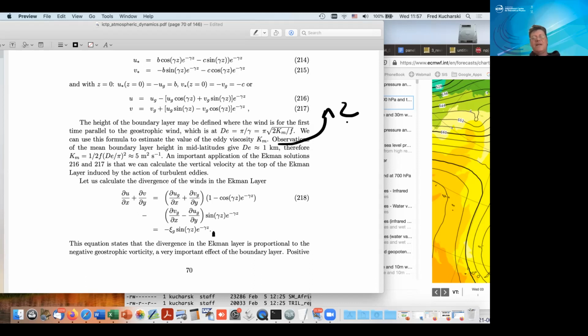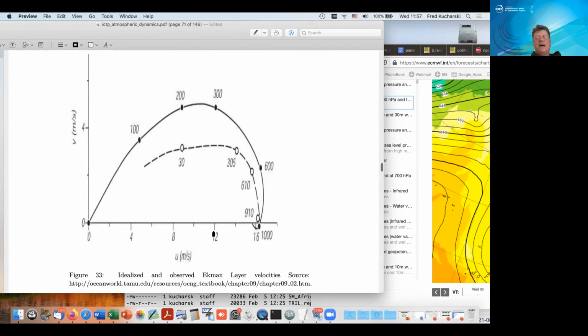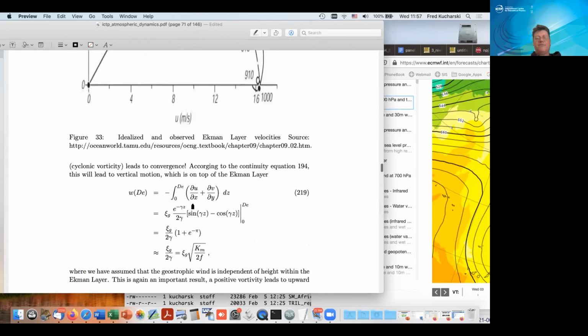And we now go a step further. We want to understand what vertical velocity we induce at the top of our boundary layer. So we can integrate our continuity equation vertically.